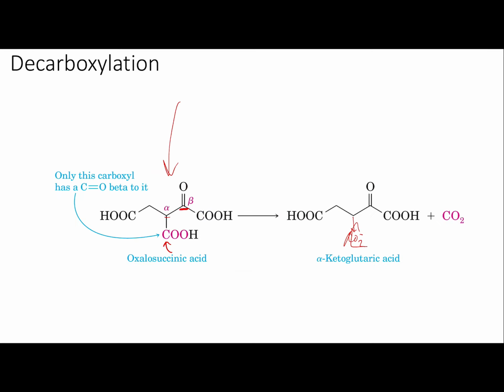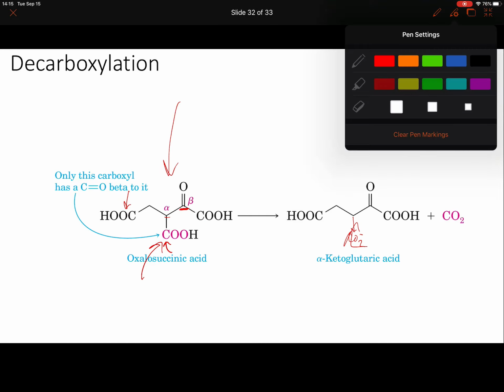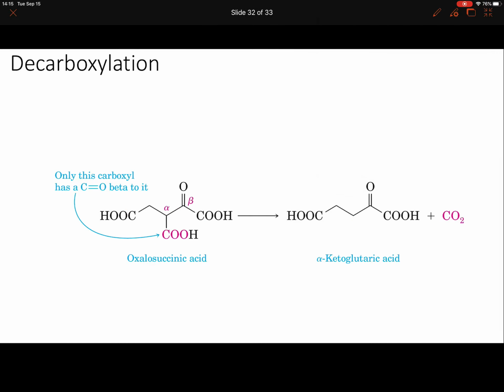But in this example, how do we know why this carboxyl group left and not another? Here's a better question. The carboxyl group that leaves is the one that has a carbonyl group beta to it.